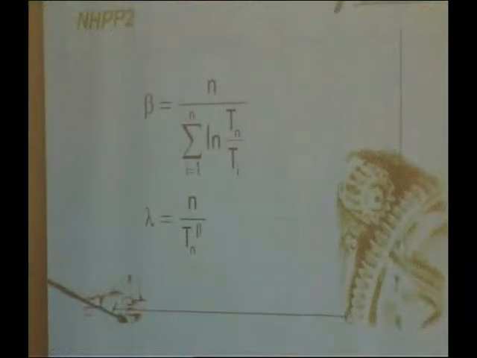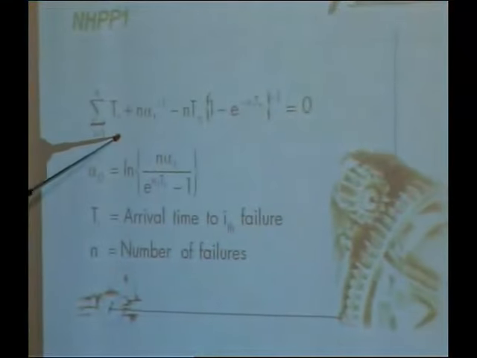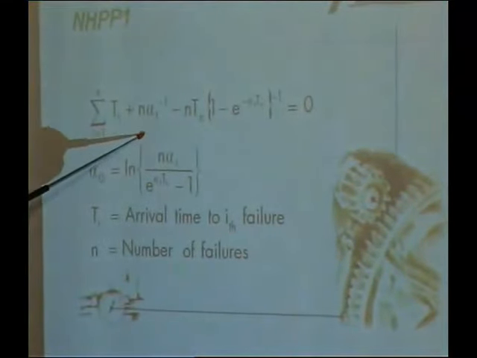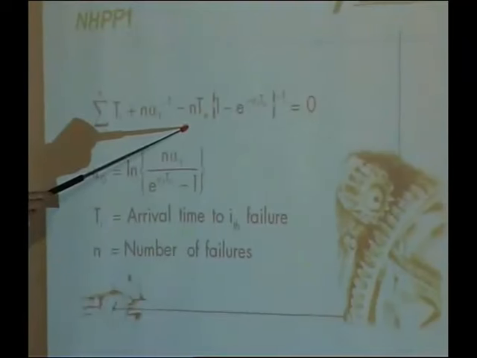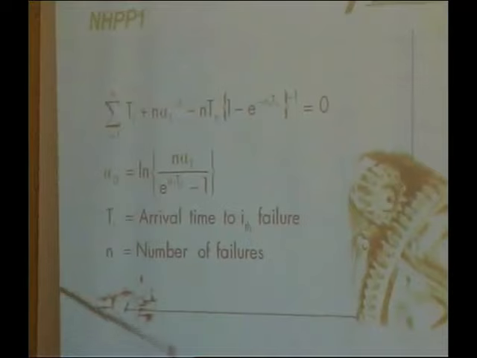Like in the case of renewal, there's a spreadsheet to be found on our website that can be downloaded and used to find these values. And in the case of the first form of the equation, one can again make use of the goal seek function of Excel to find the value of alpha 1 in this equation.